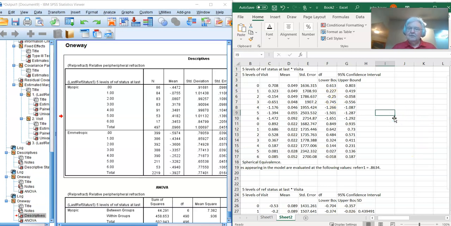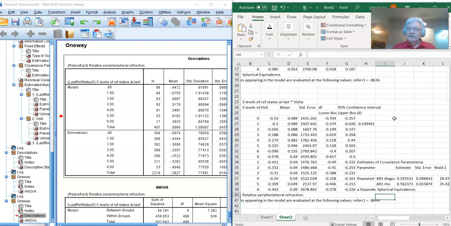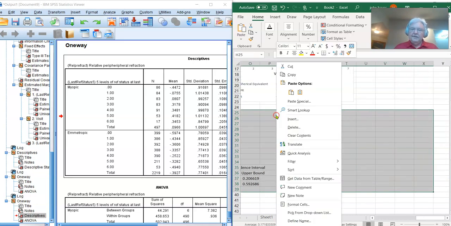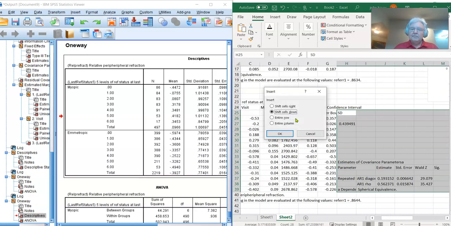Here we go. Insert. Shift cells to the right.